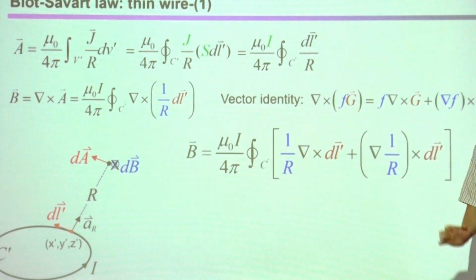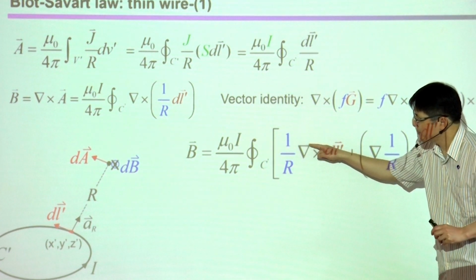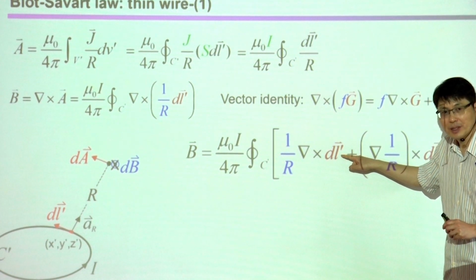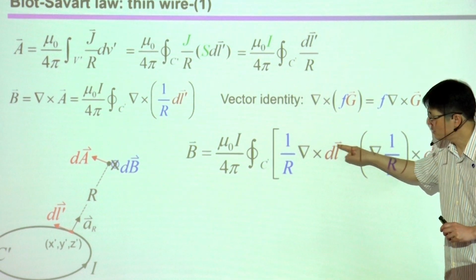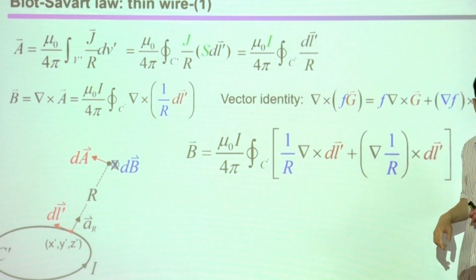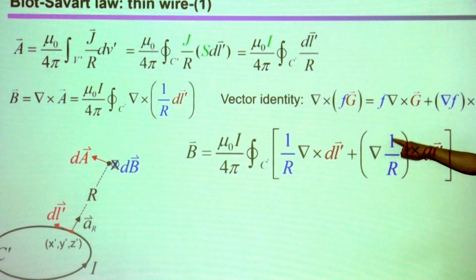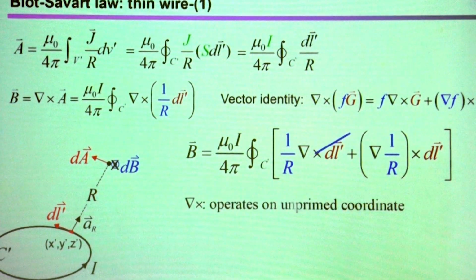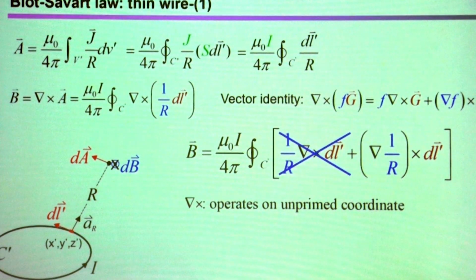It does not care about your source coordinate. So does this curl operation affect dl prime? dl prime is the primed location. It does not really care about it. But this gradient does operate on 1 over r. So basically, this term can be dropped.